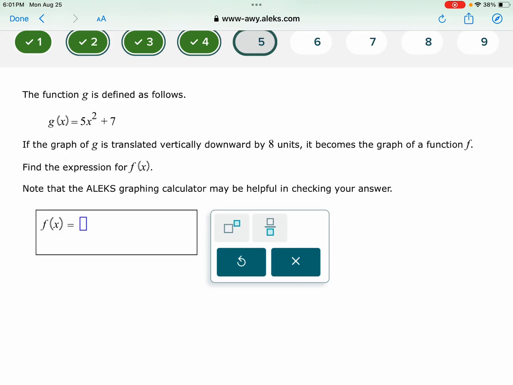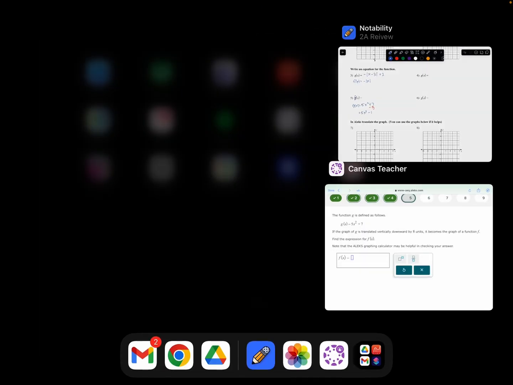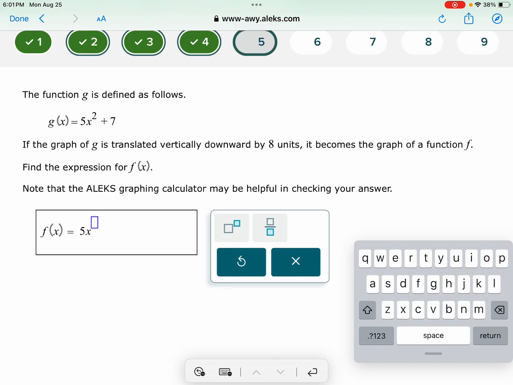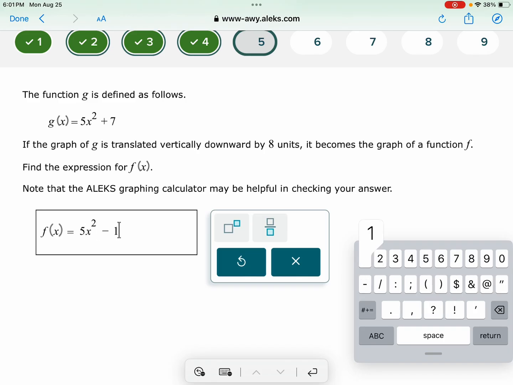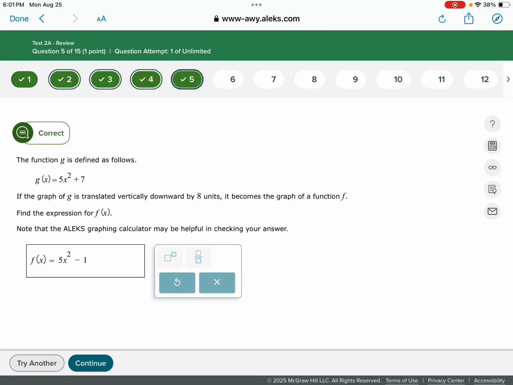So that would be my final expression, 5x squared minus 1. We'll put that in here. 5x, use the exponent, squared, and then minus 1. Let's go ahead and check it. And we're good.